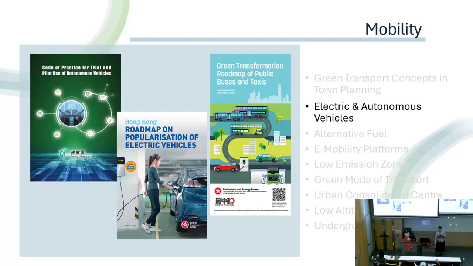There's also the trial of autonomous vehicles, to encourage more electrical vehicle use, because autonomous vehicles generally are electrical vehicles. Right now, I think there's one running in the Science Park, and I think it was in West Kowloon as well. So Hong Kong has around 5 trials overall that are ongoing, or at least upcoming.